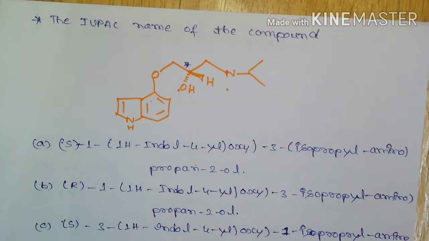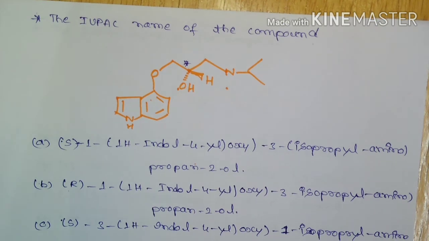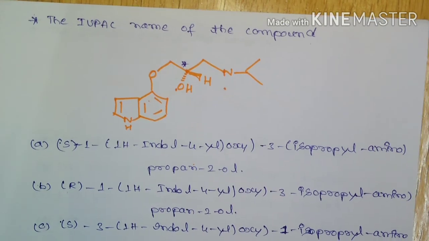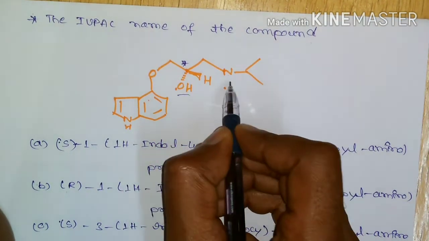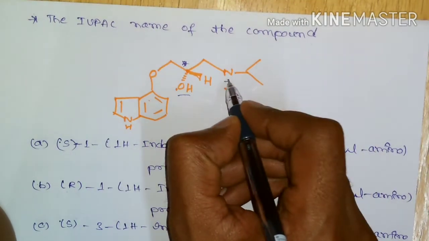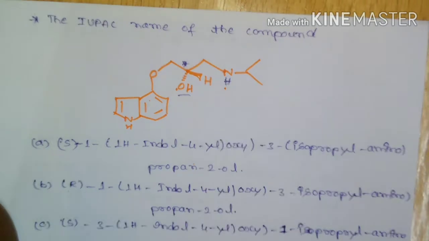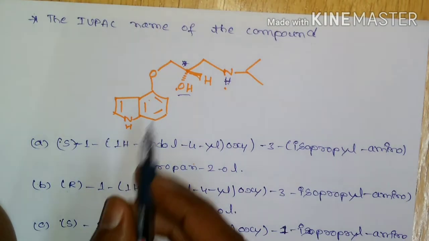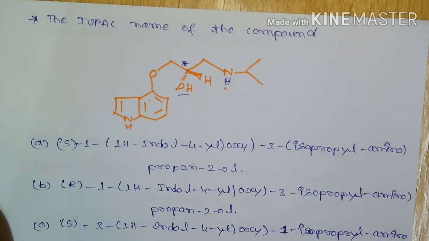We need to go with the functional group priority table. Here the OH group is present, an amine, here it should be NH, an amine group is present along with this alkoxy group.